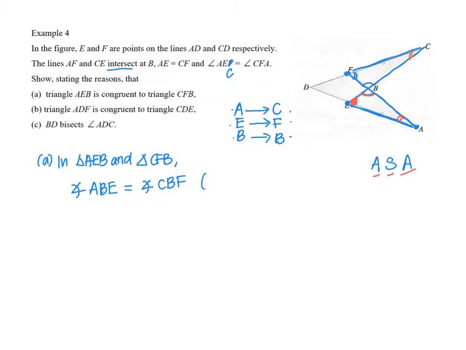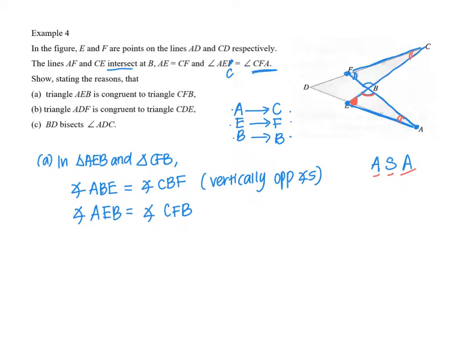And the reason, because this is a pair of vertically opposite angles. Okay. Now let's write our second angle that we know. So the second angle that we have is angle AEB, the one that is given to us. So if it's AEB, then I must match it with angle CFB, going according to the labeling.